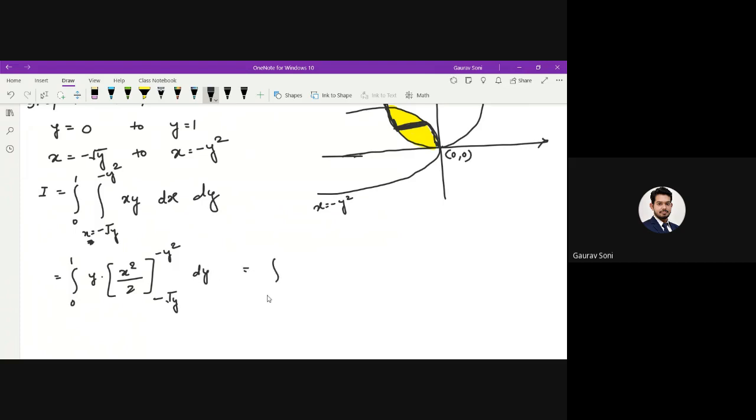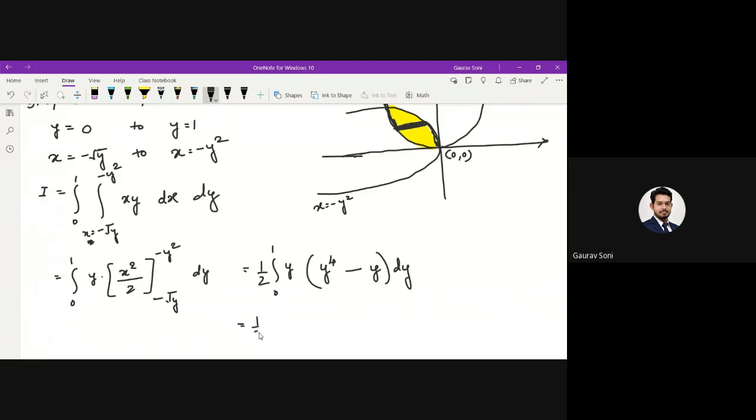So that is integration 0 to 1 y in bracket. Let's put the upper limit, 1 by 2 outside, x square. So that will be simply y raised to 4, minus, put the lower limit, minus of root y square, that will be simply y, dy.